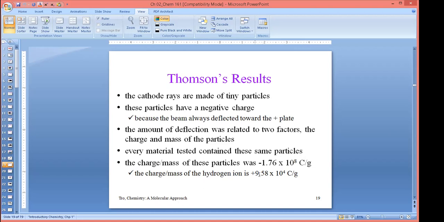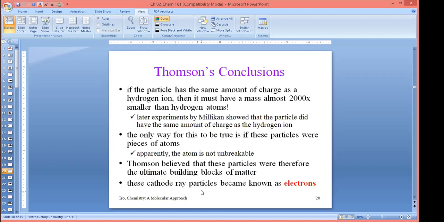If they used hydrogen gas, this is what they saw. So they're basically narrowing in on the properties of an electron and of an atom, a proton. By those two values, they noticed the hydrogen atom is about 2,000 times more massive than the electron.